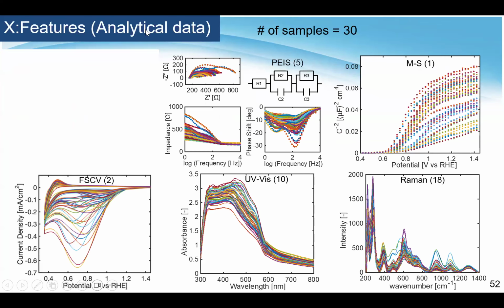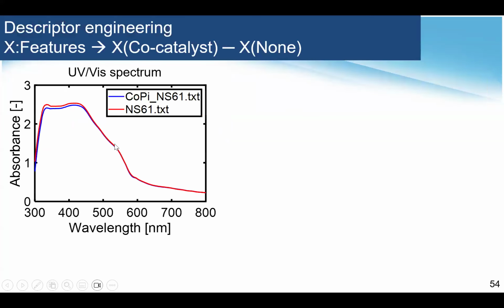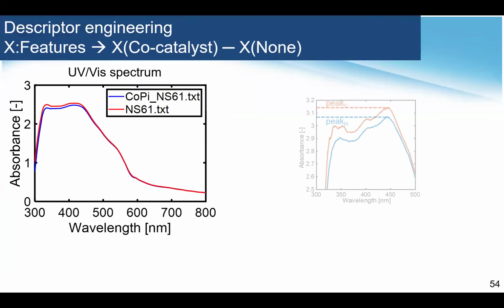And as X, we collected analytical data: PEIS, Mott-Schottky, fast-scan CV, UV-vis, and Raman spectrum. As Y, again, the target is the photocurrent value at 1.23 volt. And we did descriptor engineering to extract only the co-catalyst effect. Here, the UV-vis spectrum, right?